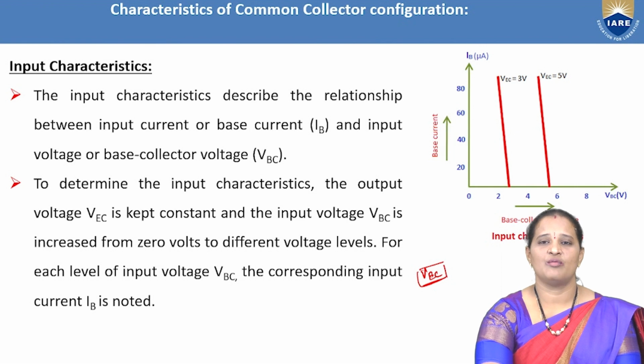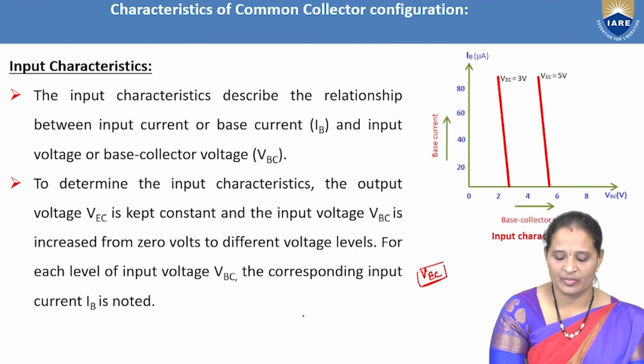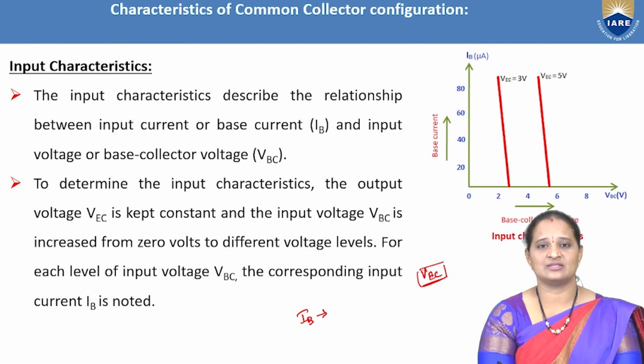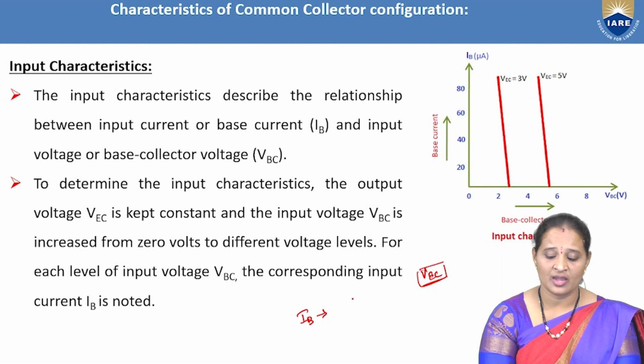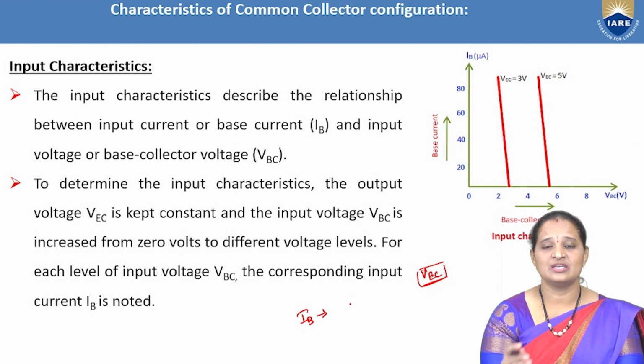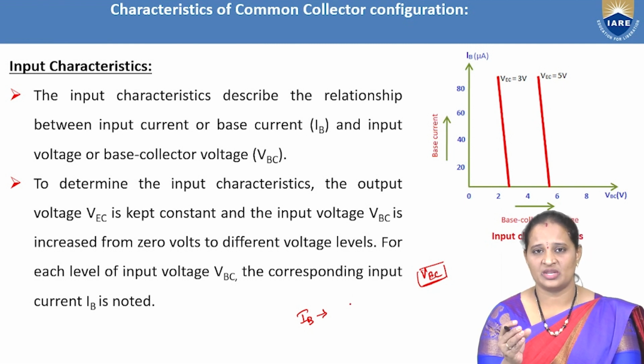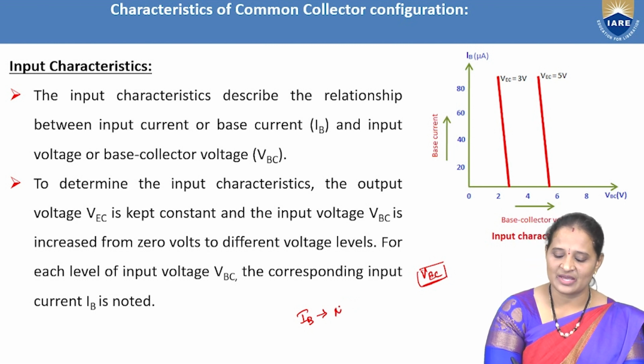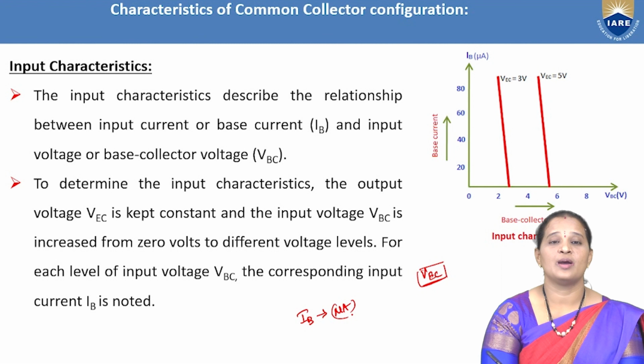and IB on the y-axis. And one thing we have to remember: IB is a recombination current which takes place in the base region. As the base region is lightly doped, the number of majority charge carriers present in the base region is very less, and hence a small amount of recombination takes place, and hence the base current will be very less, of the order of microamperes.